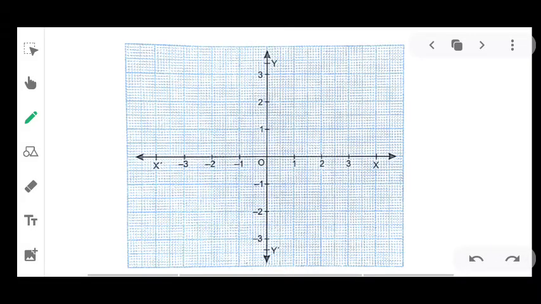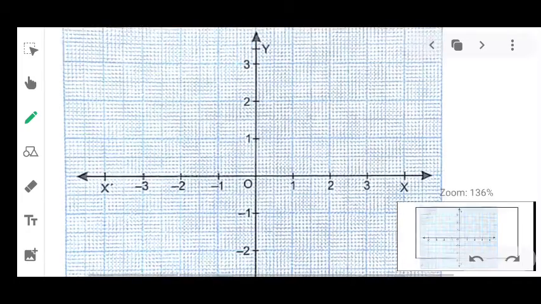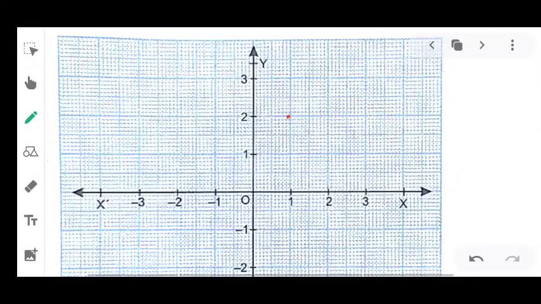Now, coordinates of a point. Let this be the point A. Now the coordinate of this point A will be 1, 2.